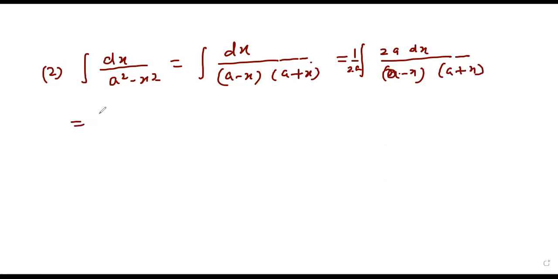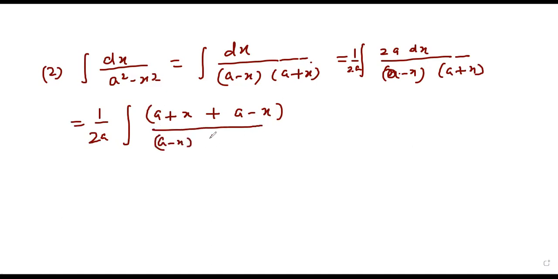So we further write 1 upon 2a integration. Here we write a plus x plus a minus x. Total effect will be 2a, x will cancel out, divided by a minus x times a plus x times dx. If we divide separately, a plus x divided by a minus x times a plus x, then a plus x will cancel out, and in the denominator a minus x will be left.